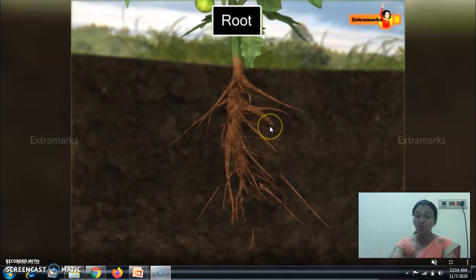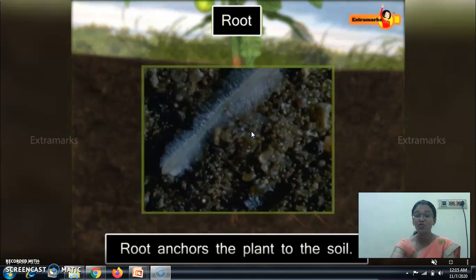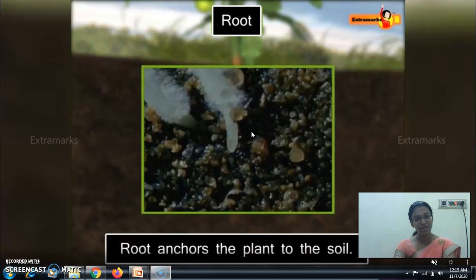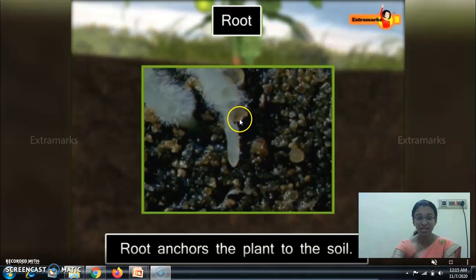Root, as I already said, is present under the soil. Just look at the video. They are present below the soil, and it helps to fix the plant to the soil. They have root hairs. Look at here.